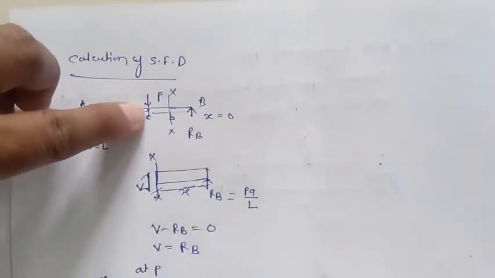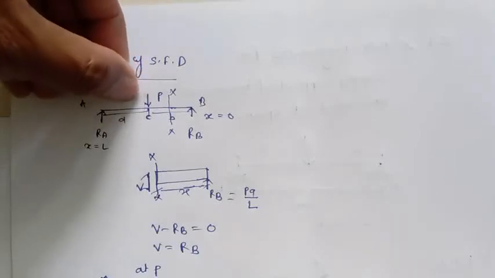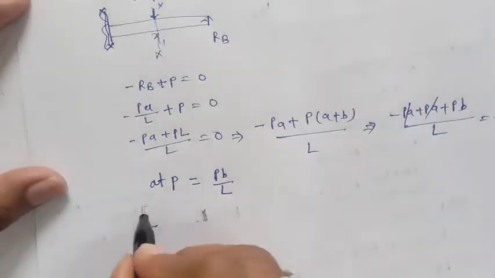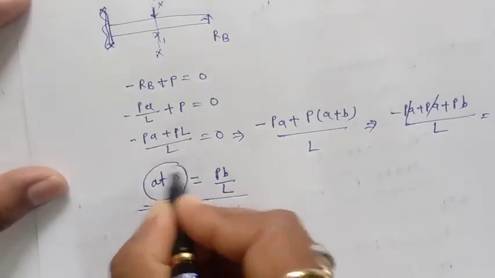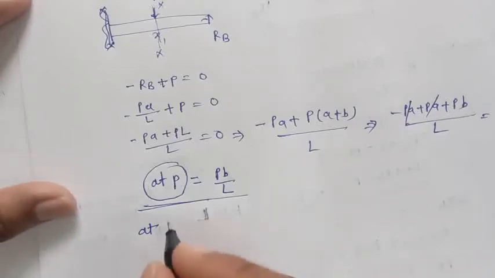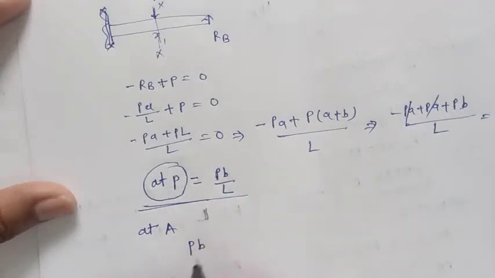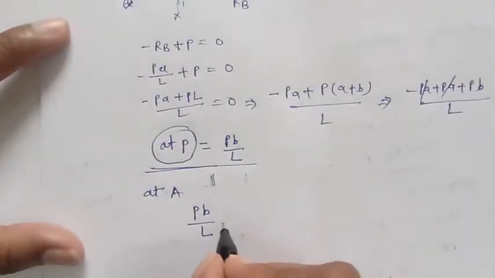So shear force at P will be PB by L, and here there is no load, so it will move constantly up to here, just before RA, and at RA it will be 0. How? At P it is PB by L, which is positive in nature, and at A, where RA is there, since it is an upward force RA, I am taking negative RA.